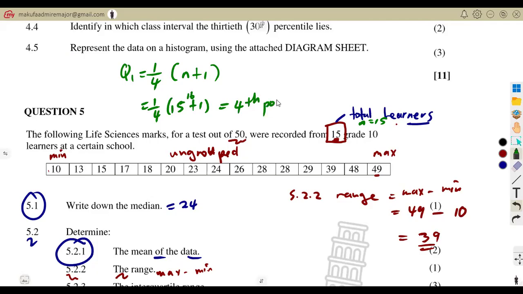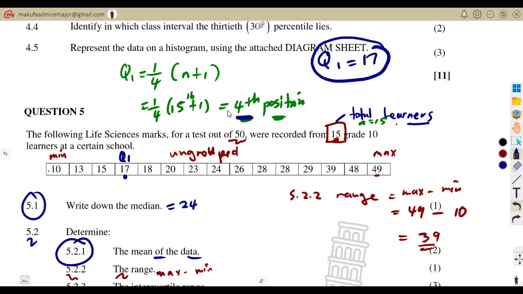The fourth position is where Q1 is to be found. As the values are increasing, you count 1, 2, 3, 4, which is 17. So Q1 is 17, the value corresponding to the fourth position.